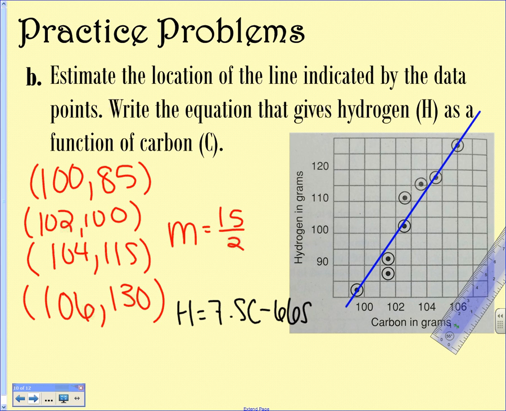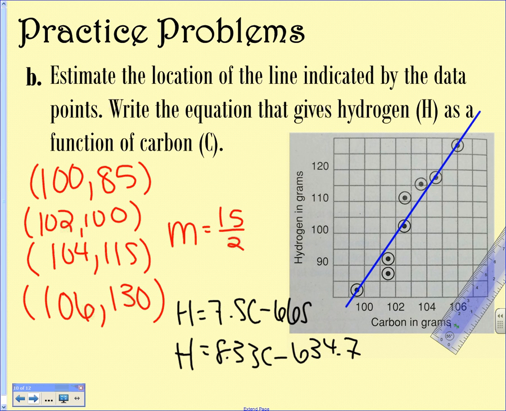Now the book's answer was this. They picked different points than we did.